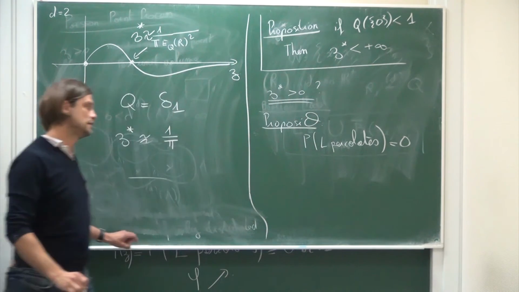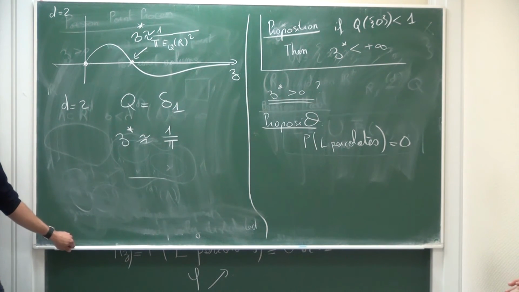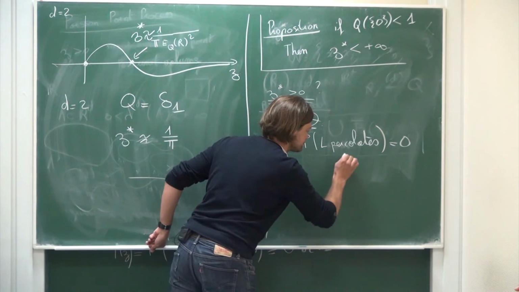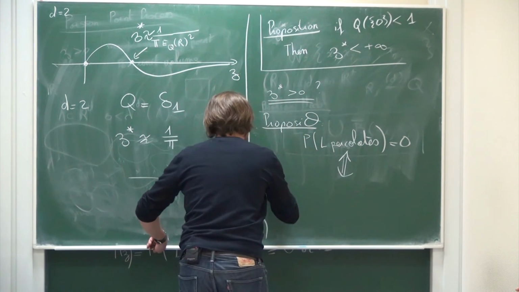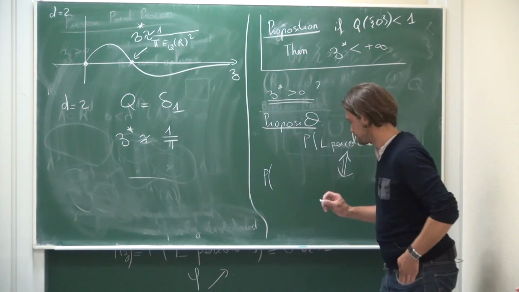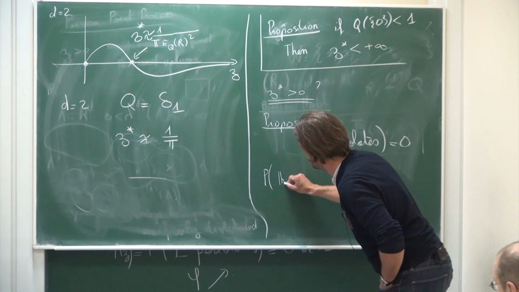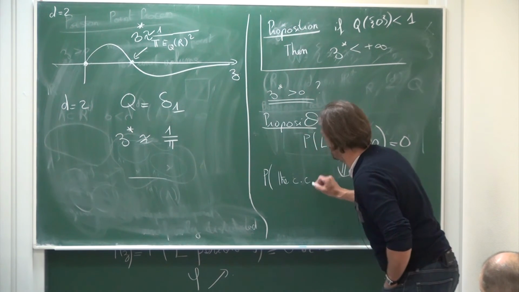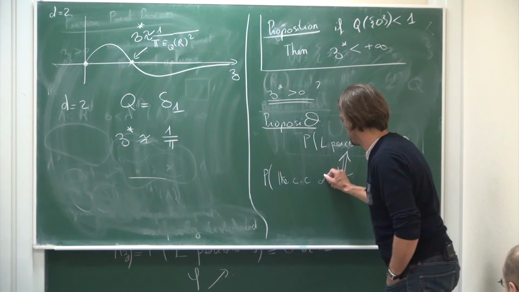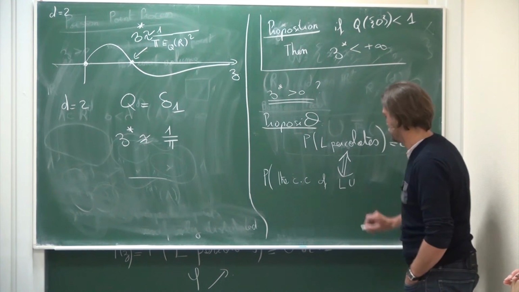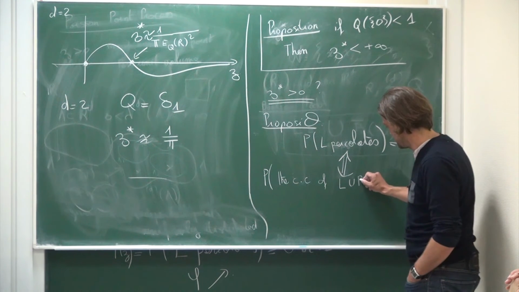The probability that L percolates is equal to 0 is equivalent to the probability that the connected component of L union the ball centered in 0.